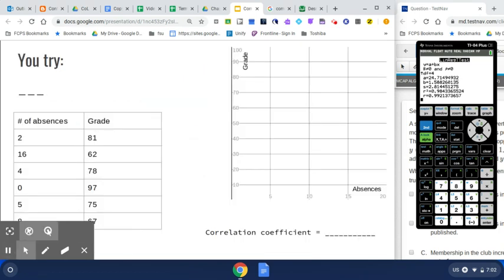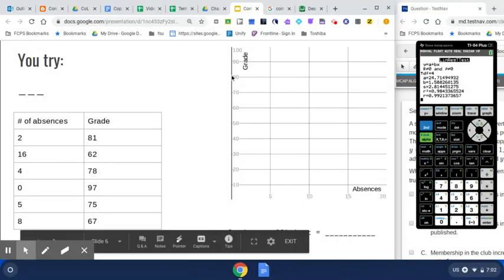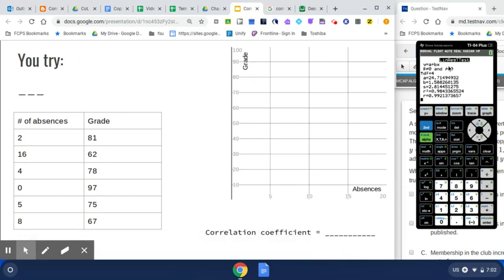Okay, guys, here's the one that I would like you guys to take a look at. So it is describing a relationship between the number of absences and the final grade in the class. I would like you to draw out a scatter plot for this particular data, putting absences on the x-axis and grade on the y-axis. Go ahead and also graph the scatter plot on the calculator as well to practice those calculator steps.